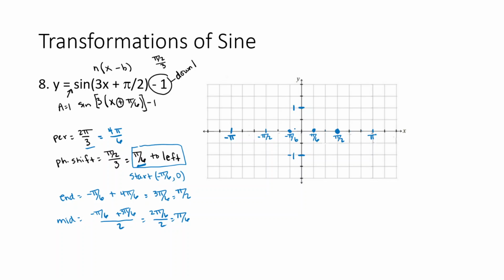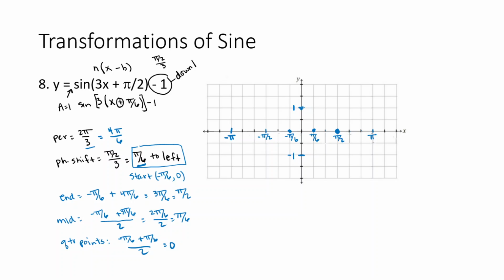Now I need to go halfway in between there. Now those are actually what we call the quarter points. So I would take negative pi 6, okay, and the pi 6, and divide it by 2. So it's the beginning plus the mid, and divided by 2. And of course that gives me 0.